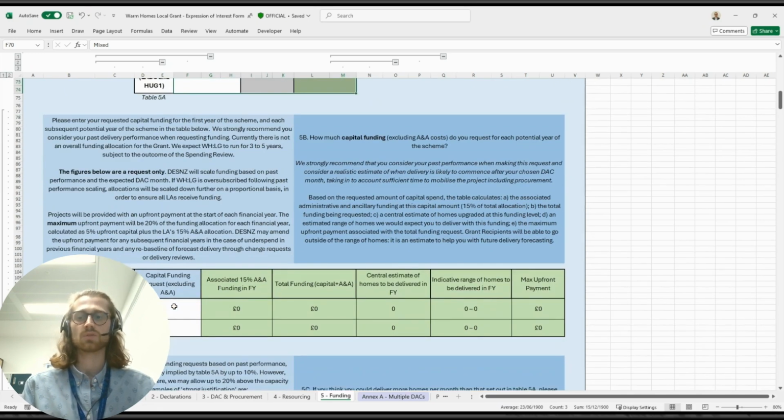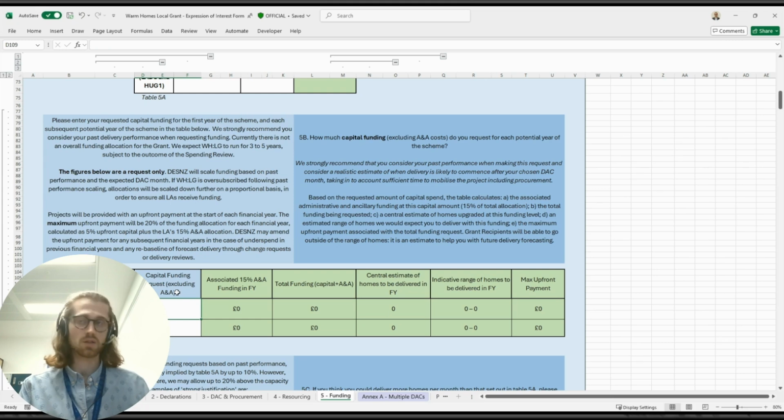And also, once we have scaled all of the funding requests based on past performance, we may then remain above the total that we are ultimately allocated for the grant, and therefore we would have to scale down proportionately all bids to meet that total funding allocation.